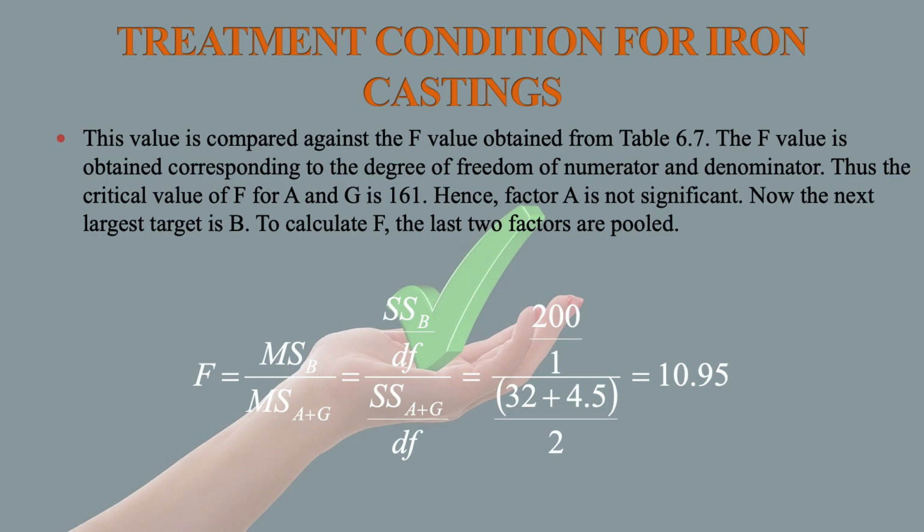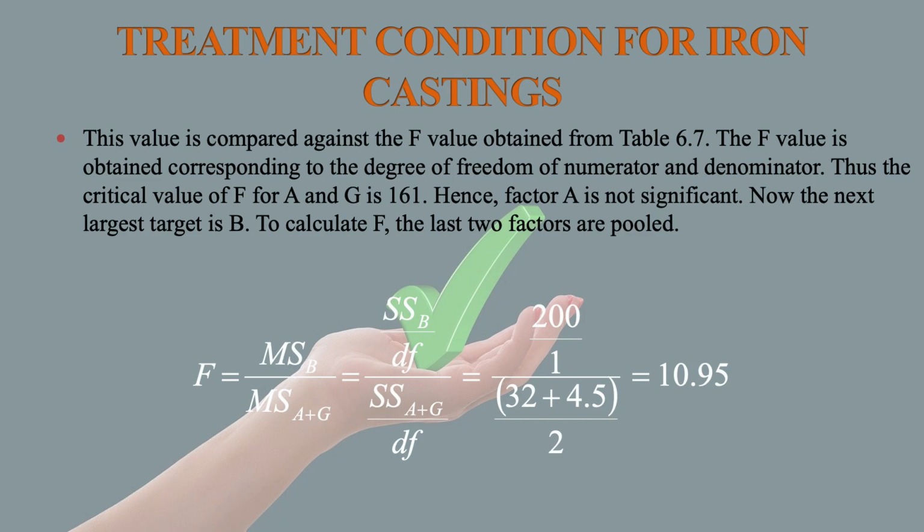This value is compared against the F value obtained from table 6.7, corresponding to the degrees of freedom of the numerator and denominator. Thus, the critical value of F for A and G is 161. Hence, the factor A is not significant.